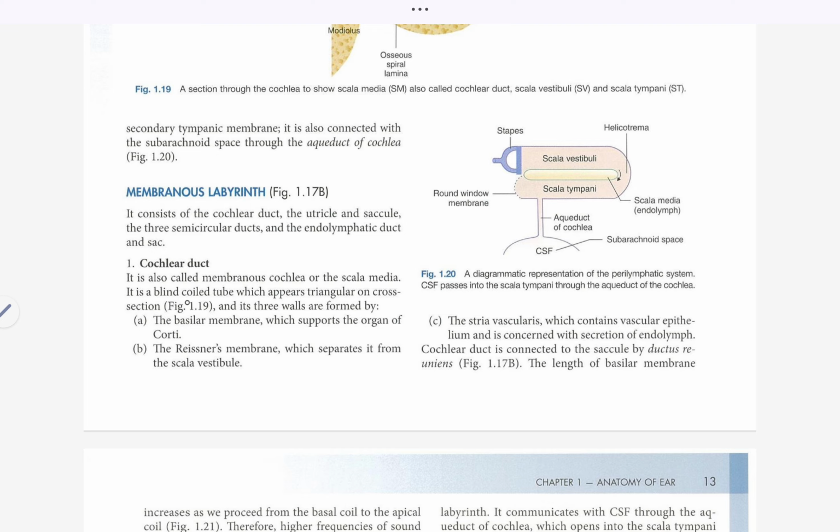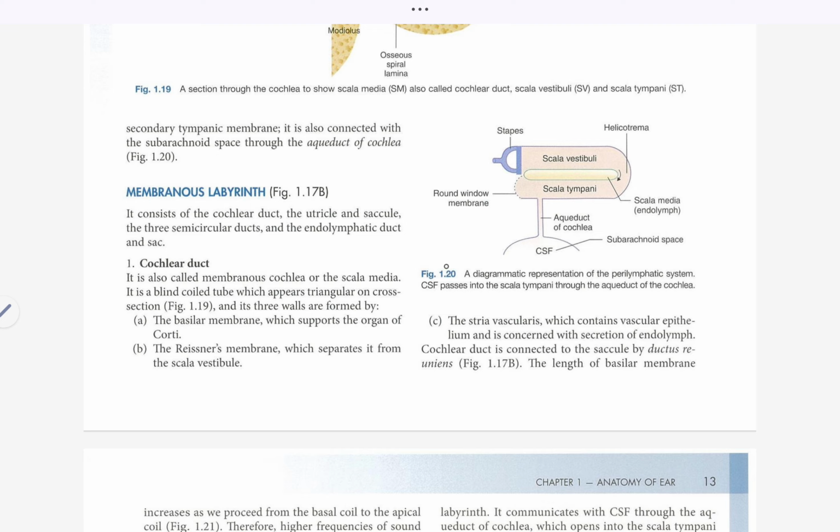It is a blind, coiled tube which appears triangular on cross section, and its three walls are formed by the basilar membrane, which supports the organ of Corti; Reissner's membrane, which separates it from scala vestibuli; and the stria vascularis, which contains vascular epithelium and is concerned with secretion of endolymph.